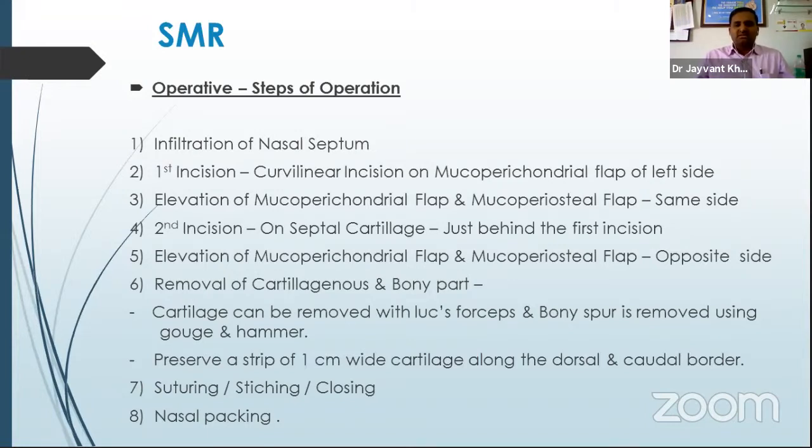Then the end of the procedure is suturing, stitching or closing. With the help of catgut or vicryl, you can suture it or stitch it or close it. Okay, after that closing, you can see the post nasal bleeding. Confirmation of the bleeding from the operative site, you can see the post nasal bleeding immediately after closing or suturing.